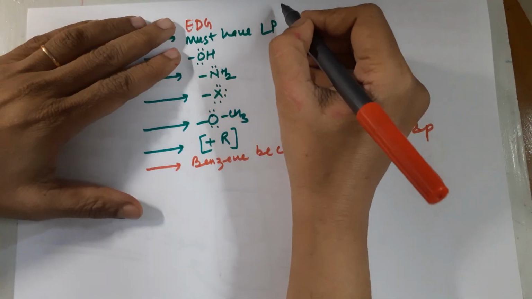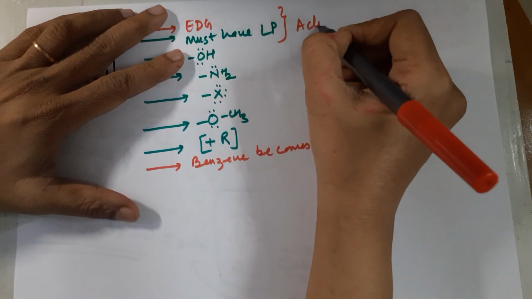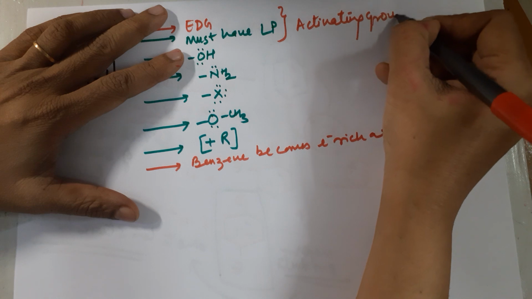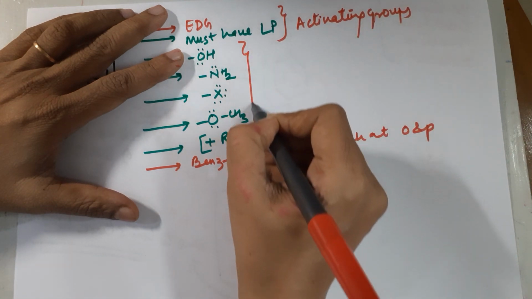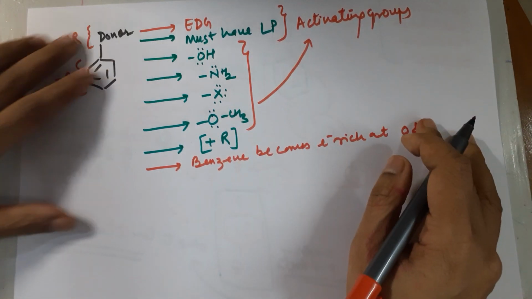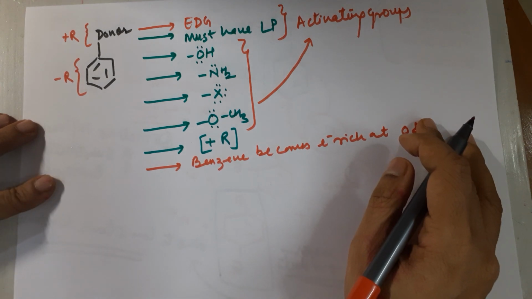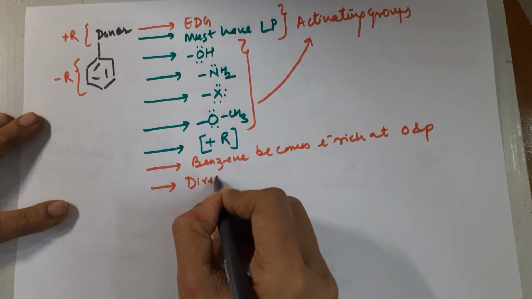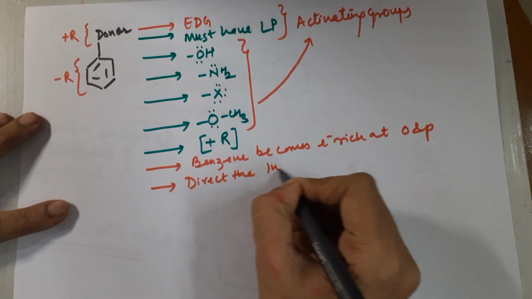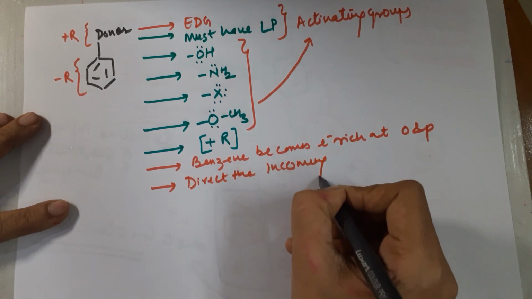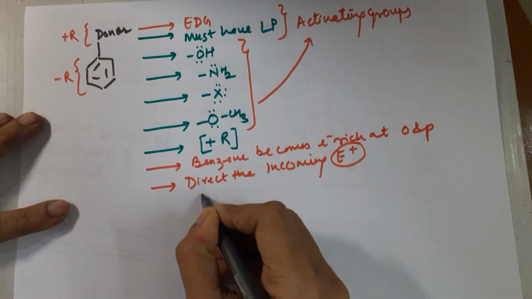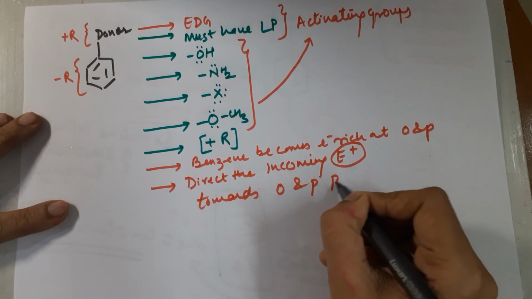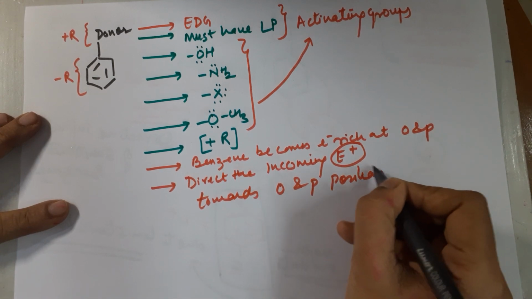These groups are also called the activating groups. That is also the word given to all these donor atoms. Beyond this, they are also said to direct the incoming electrophile towards ortho and para positions.